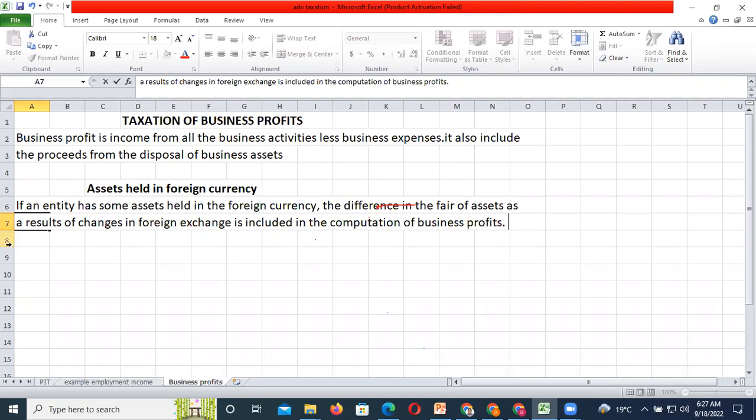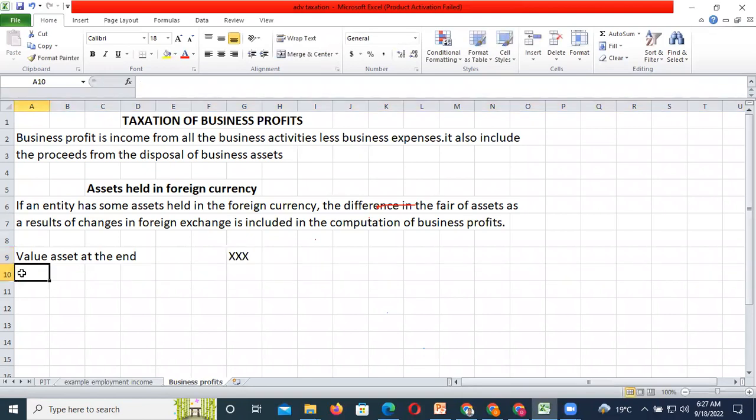So when you are computing, you'll have the value of the asset at the beginning and the value of the asset at the end.